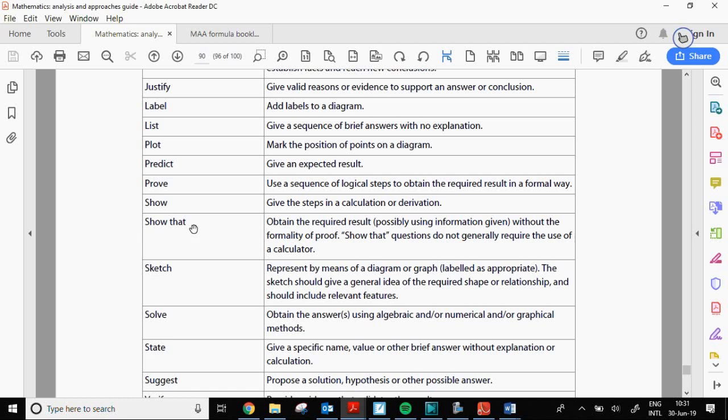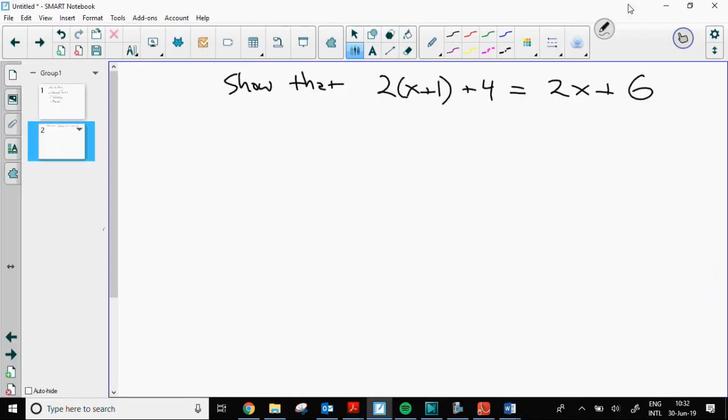Okay? The key for a show, or a show that question, is that you never, never, never cross the equal sign. So just as a quick example, if it said show that these two expressions are the same, what we do not do is say, okay, well, I'm going to divide everything by 2, so that gives me x plus 1 plus 2 is equal to x plus 3, and then, oh, look at that, 1 plus 2 is 3, so I get x plus 3 is equal to x plus 3.